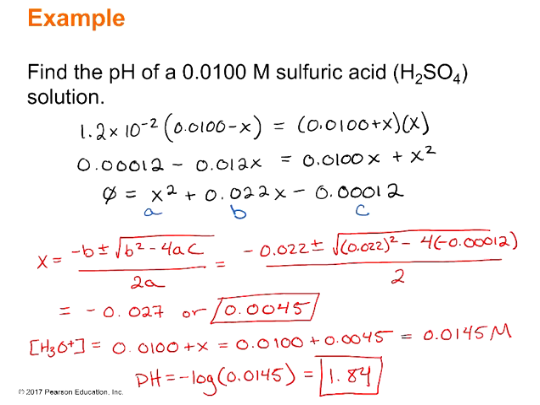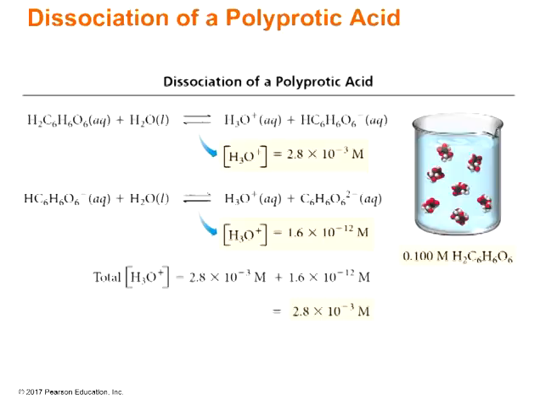Okay, now remember, this is just for sulfuric acid. Let's look at an example of a regular polyprotic acid. So this is ascorbic acid. If ascorbic acid reacts with water, initially it loses one hydrogen ion to produce the ascorbate ion and the hydronium ion.